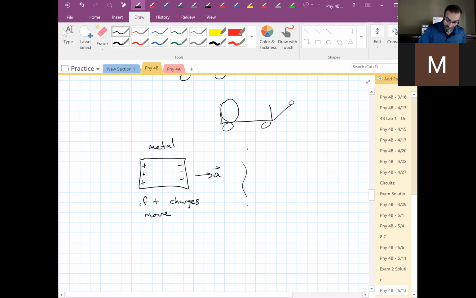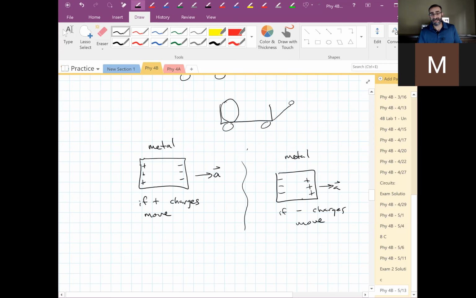And if negative charges move, we'll get negatives lagging behind, right? And it turns out, of course, this is what was observed.